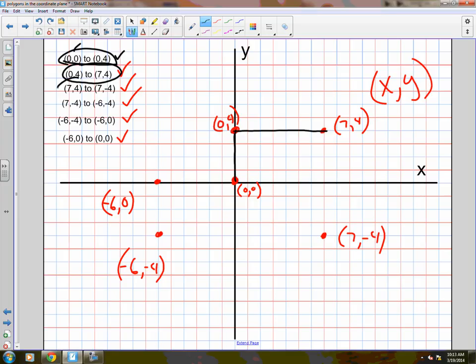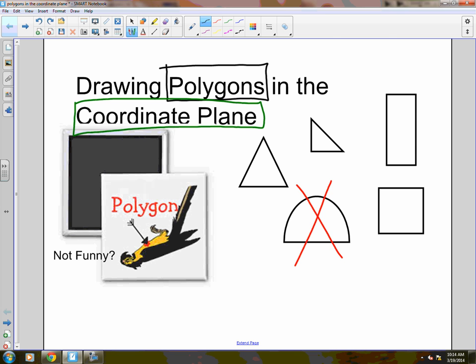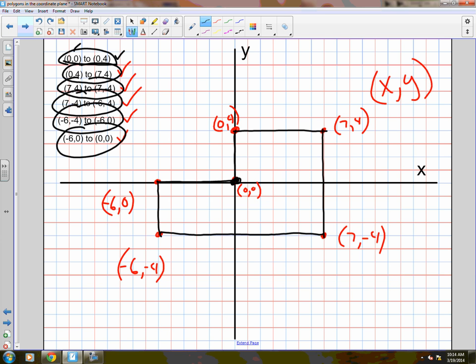Let's go 7, 4 to 7, negative 4. Let's go to negative 6, negative 4. All the way over. And let's go to negative 6, up to 0. And I think we know where we're going to end. Right here. My goodness. I think we just drew a polygon in a coordinate plane.